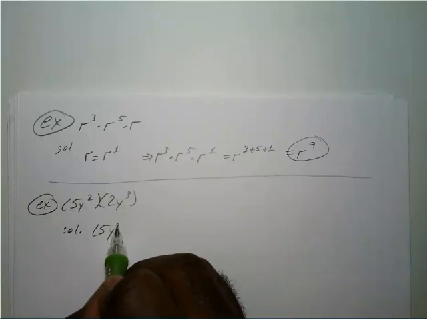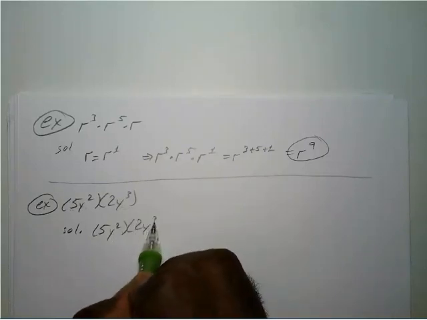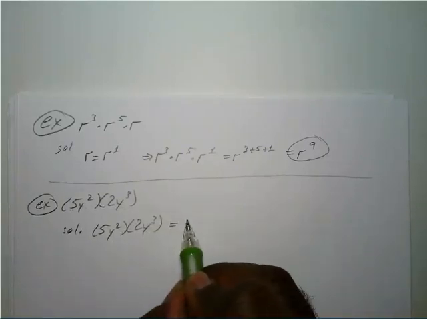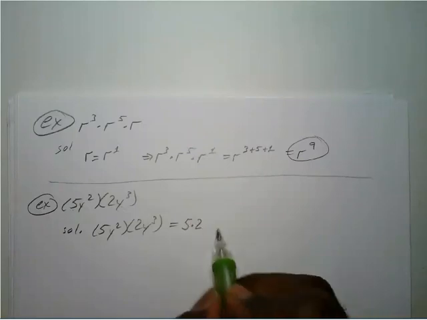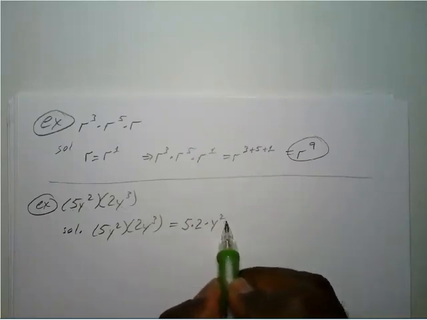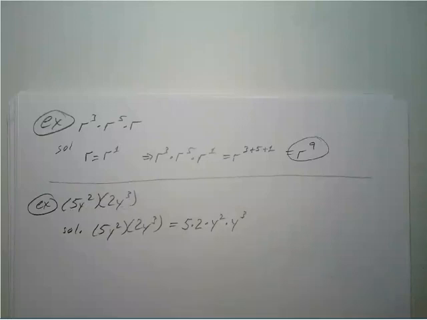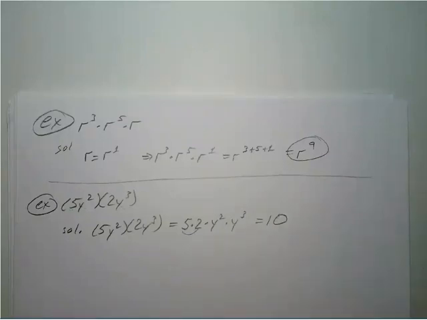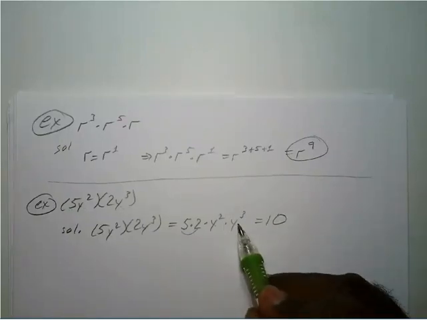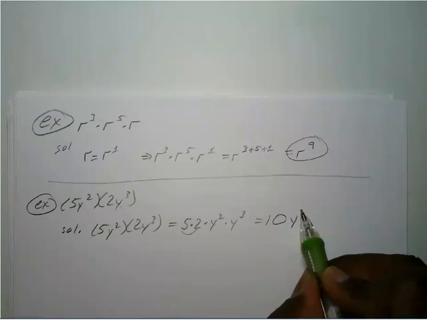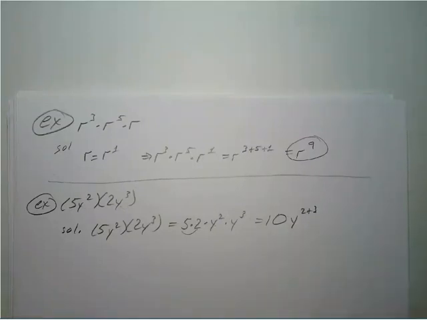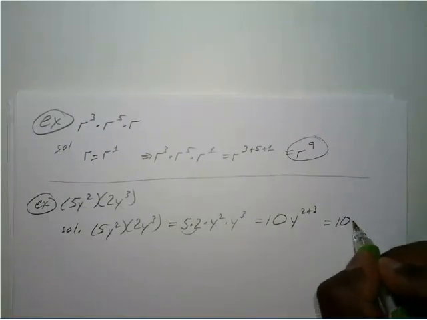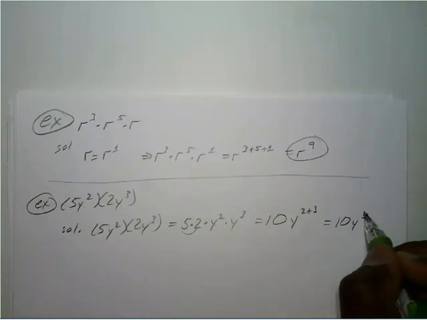So 5y squared times 2y to the 3rd is the same as 5 times 2 times y squared times y to the 3rd. 5 times 2 is 10, and y squared times y to the 3rd is y to the 2 plus 3. So you just get 10y to the 5th power.